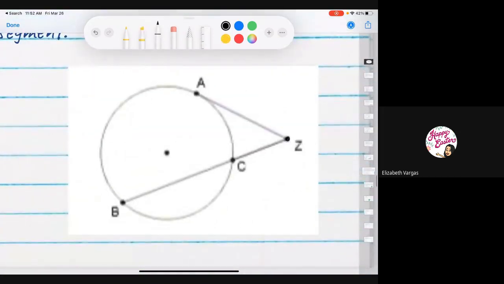Basically, if we have a tangent, remember that a tangent runs on the outside. So this would be our tangent. It runs on the outside of the circle and intersects it only at one point. If that tangent and our secant share a common endpoint, which is this one right here, then we can use the secant and tangent segment theorem to solve for any missing length.